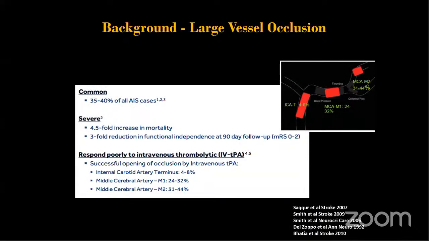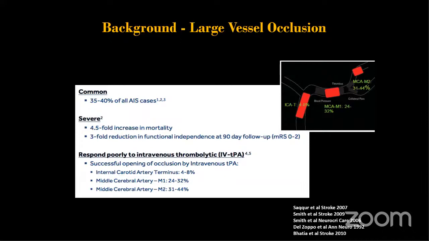Large vessel occlusion accounts for about 35 to 40% of all acute ischemic cases. It's very severe, leading to a 4.5-fold increase in mortality and a 3-fold reduction in functional independence at 90 days. They respond poorly to IV tPA.